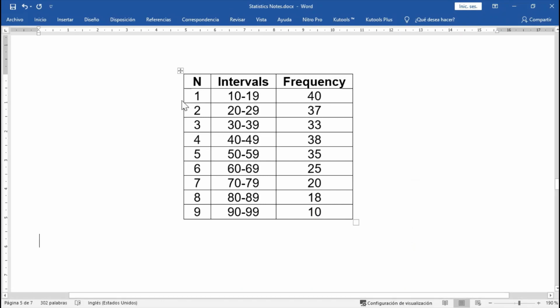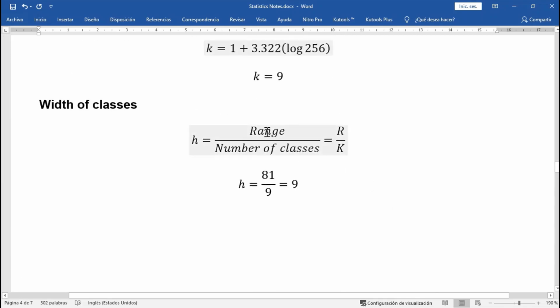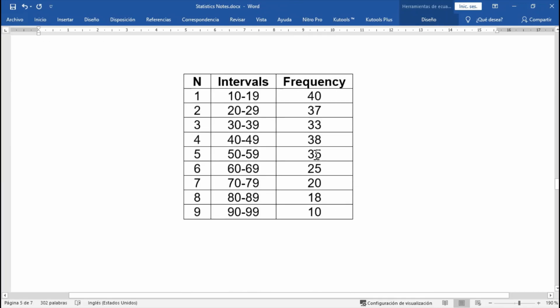So there we go. We have 9 classes, a width of class of 9, and we have these frequencies that in total will give us 256. But the idea was to emphasize the utility of the range as part of the width of classes in order to build this distribution table.